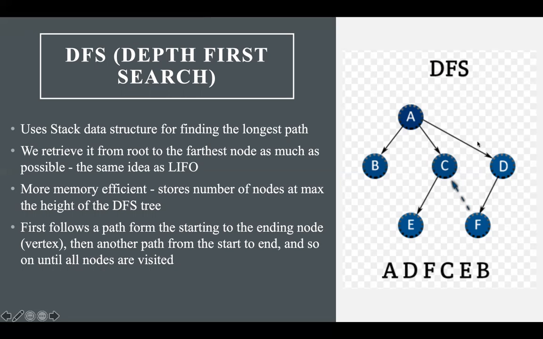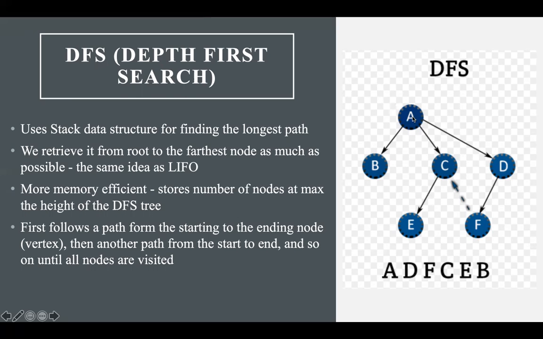So let's see the example here. Again, we have root A, and then we have nodes B, C, D, E, F. Here we use the longer path. So from root A, we're going to take D, which is on the right side. Then we're going to use F because it's connected to D. Then we're going to go back to the top.